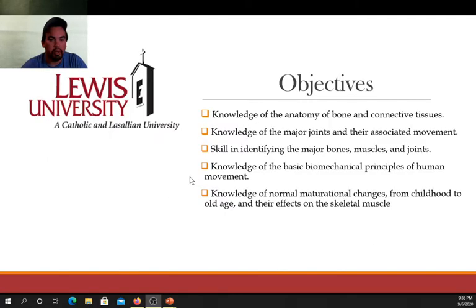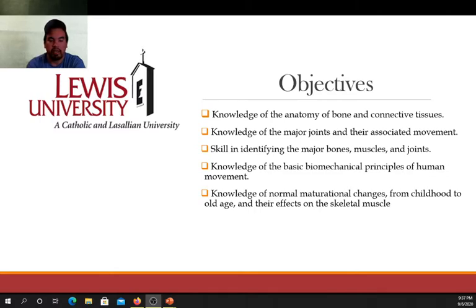So, the objectives today. I want you to gain knowledge of the anatomy of bone and connective tissues, and some knowledge of the major joints and their associated movement. You're just going to learn a piece of it. You're going to gain some skill in identifying the major bones, muscles, and joints, and some knowledge of the basic biomechanical principles of human movement.